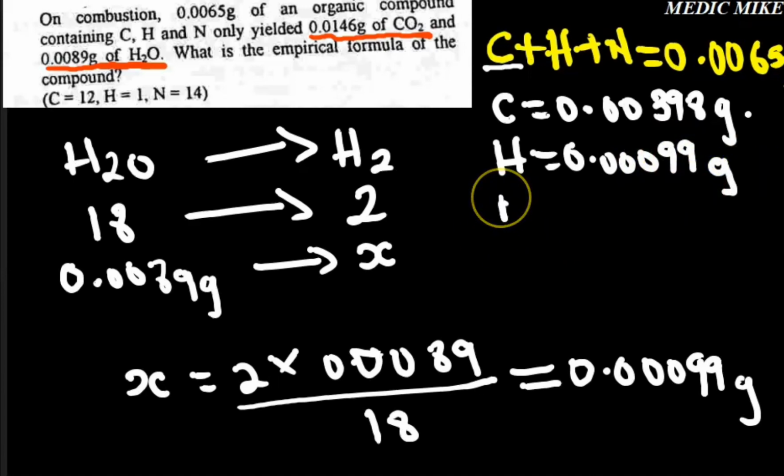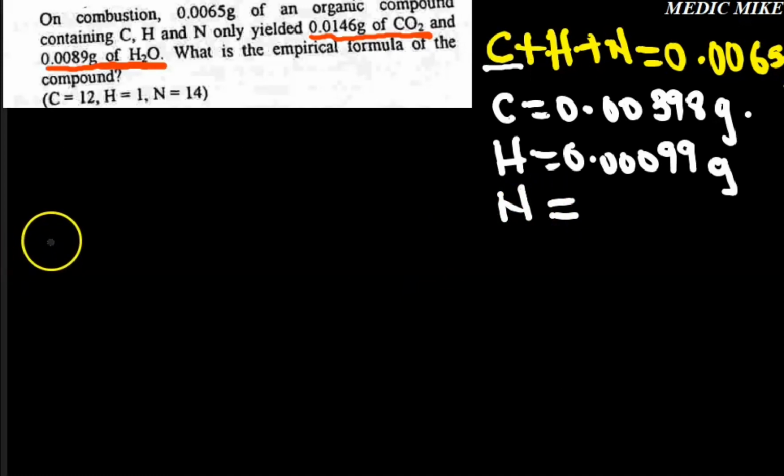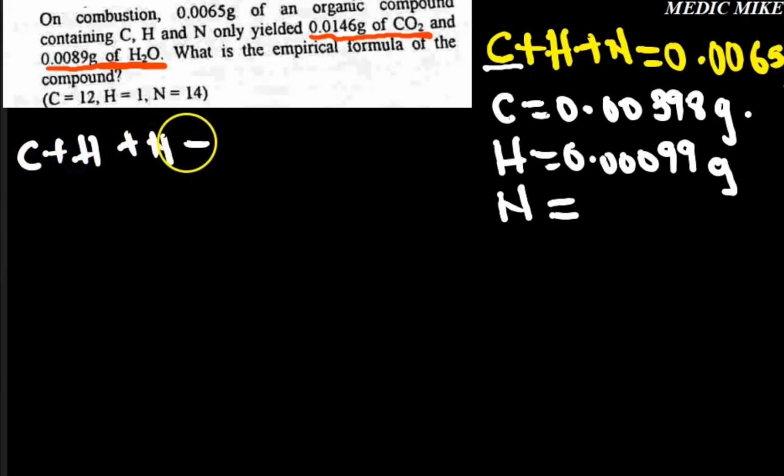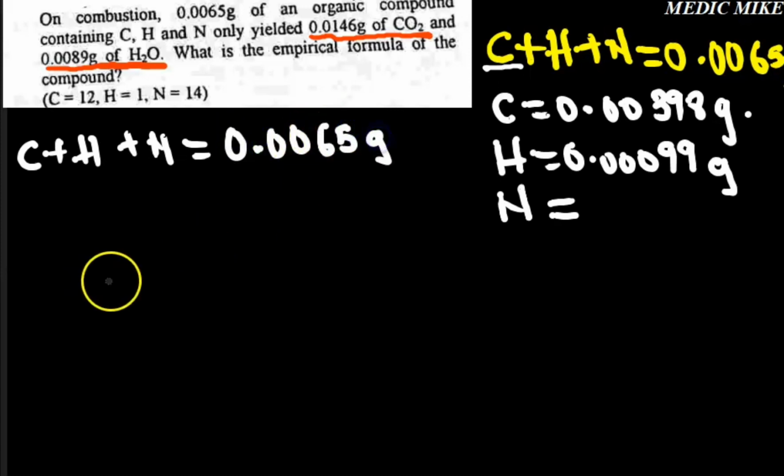So next we'll be looking for our mass of nitrogen, and our mass of nitrogen can be gotten by simple addition and subtraction. What do I mean? I mean that when you add carbon plus hydrogen plus nitrogen, it gives us a total of the compound, which is 0.0065 gram. So what we are going to do is to write down our respective masses that we have calculated.